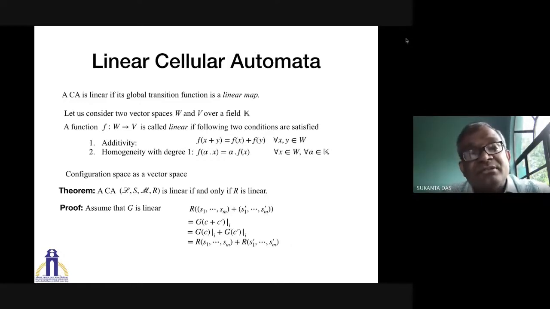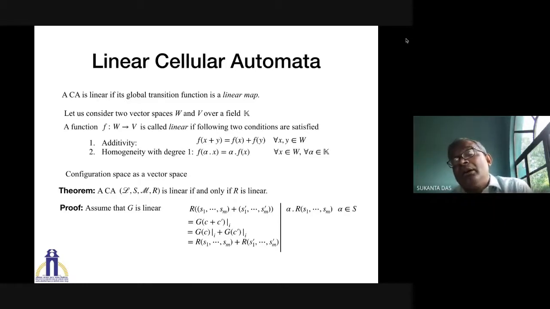First property satisfied. So the next one is I have to show that it is homogeneous with degree 1. Now consider alpha is a scalar, right? And alpha is state actually here, right? So let us find out, in a similar way, alpha into R of S1 dot Sm.